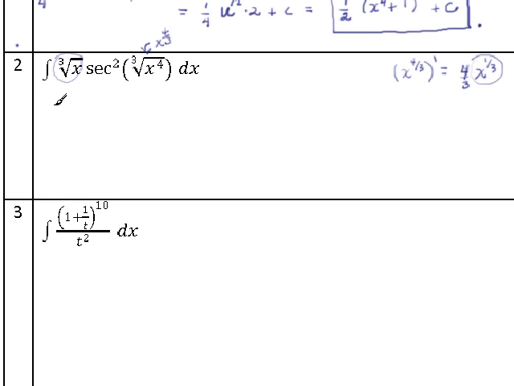Let's write u equal to this inner expression, I'll write it as x to the 4/3. And now we can differentiate. du is 4 over 3 x to the 1/3 dx. Oh, we're ready to substitute now.